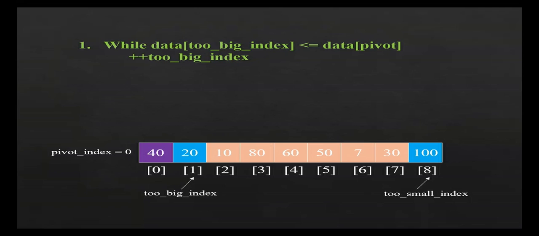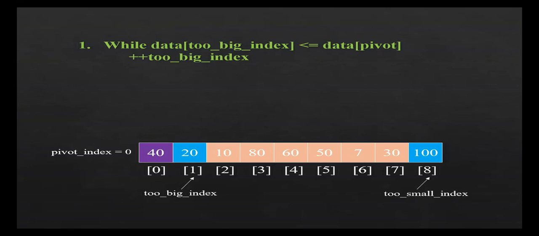Until it's smaller, we will traverse, that means we will move forward left to right until we find the bigger elements. When we get an element bigger than the pivot element, we will stop our traversing.